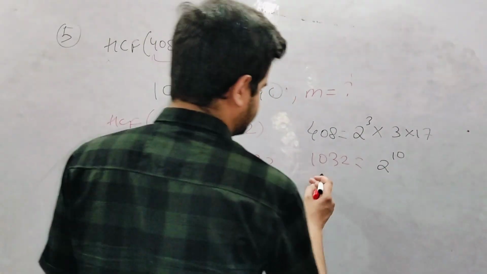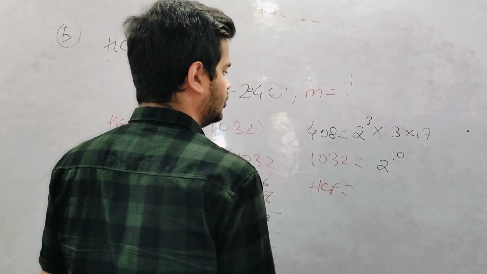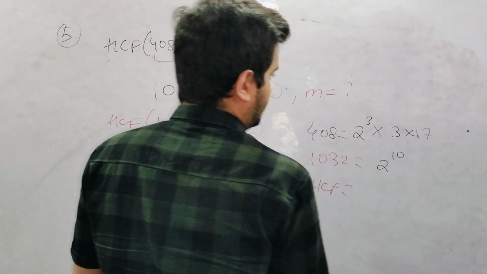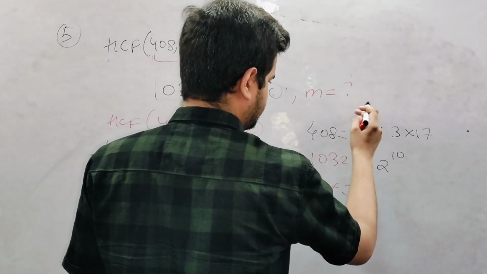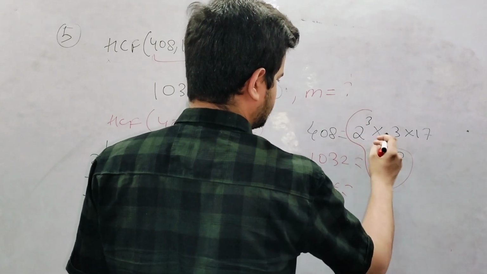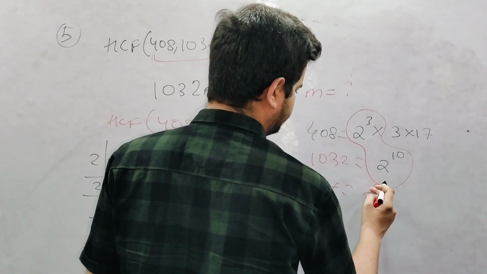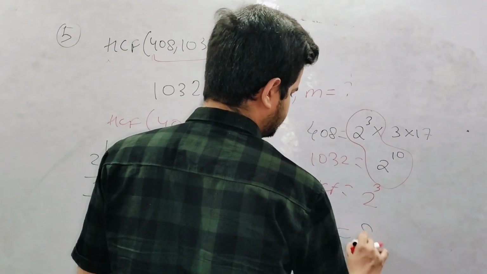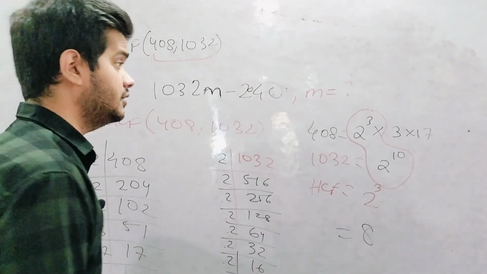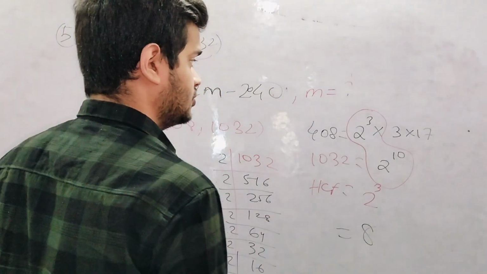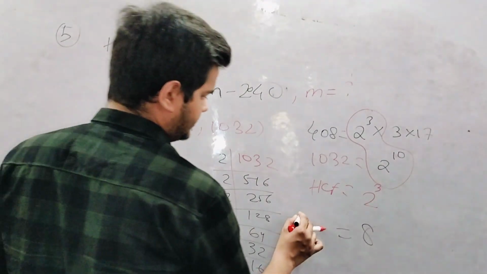So we know what HCF is. HCF is the lowest exponent in the prime factorization. So this is the common term, so the HCF is 2 power 3, which is 8. What is HCF? In any prime factorization, its lowest common exponent. So the HCF is 8.